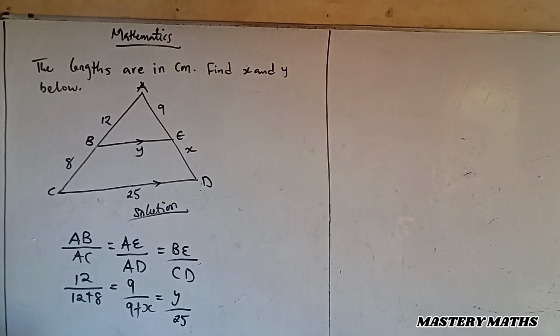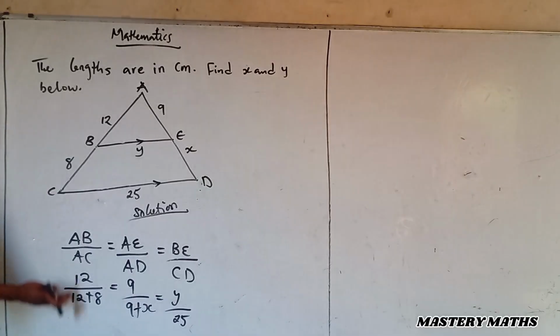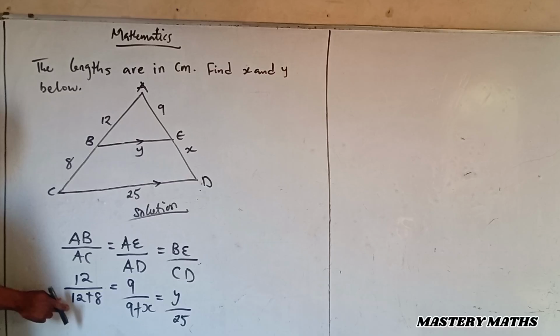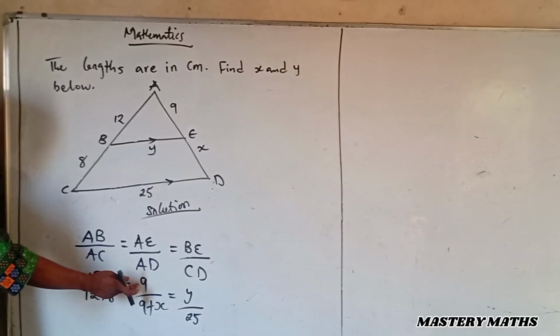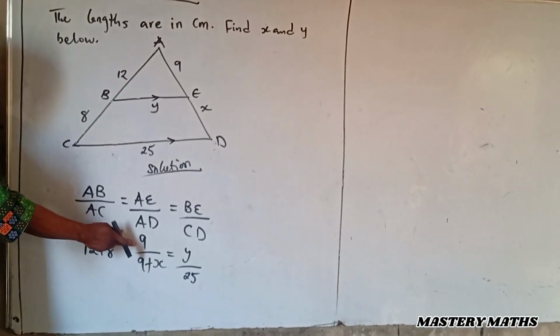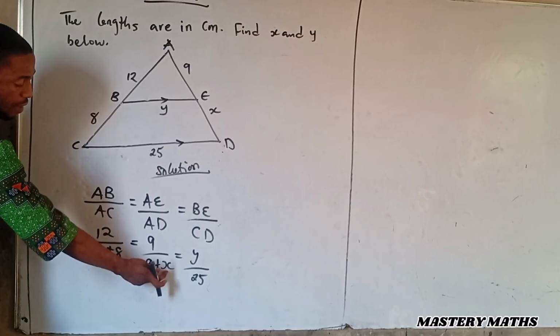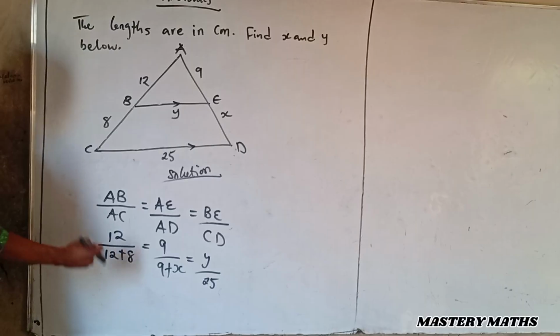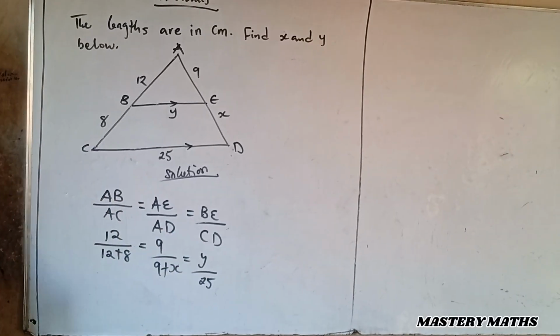Now, what should we do? If you watch, we have a complete numerator and denominator here. Here the numerator is complete, but in the denominator, there's x. We need to search for this x so we can add it to have a whole number, and there is y here. What should we do?